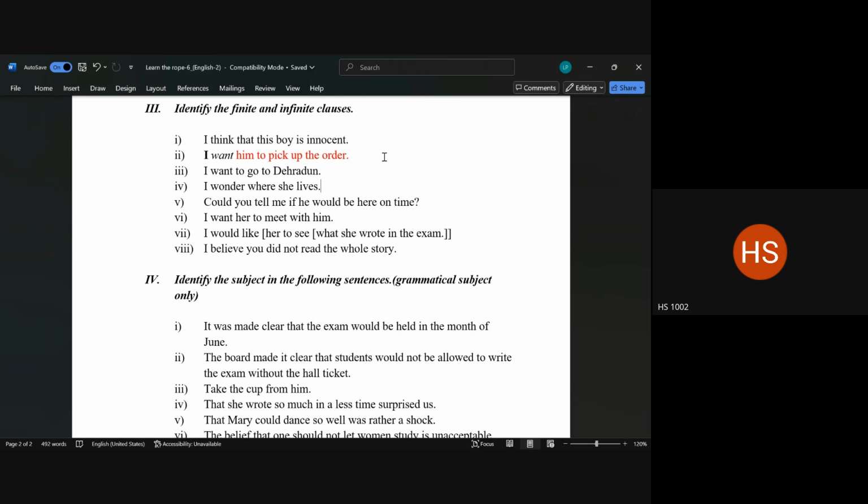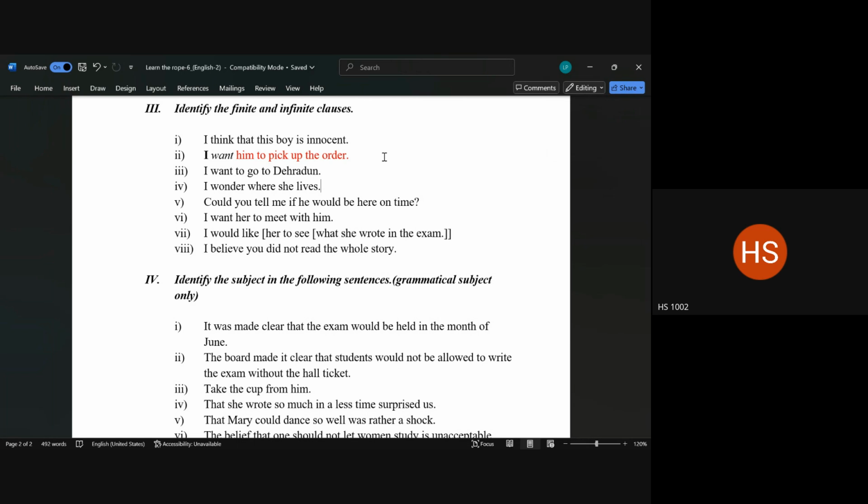So her to meet with him is your subordinate clause, and since you have to meet, which is your infinitive form of the verb, this has to be a non-finite clause, right? No tense in the subordinate clause because you have to meet. So this is also an example of a non-finite subordinate clause.